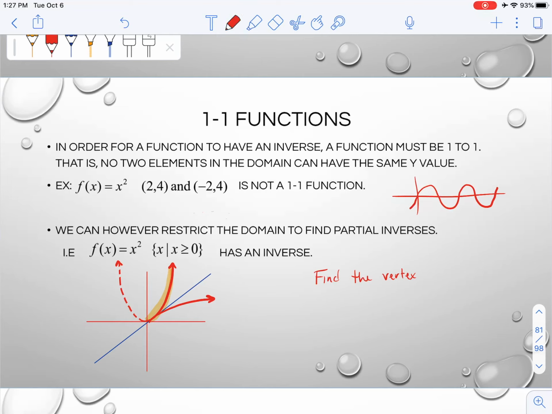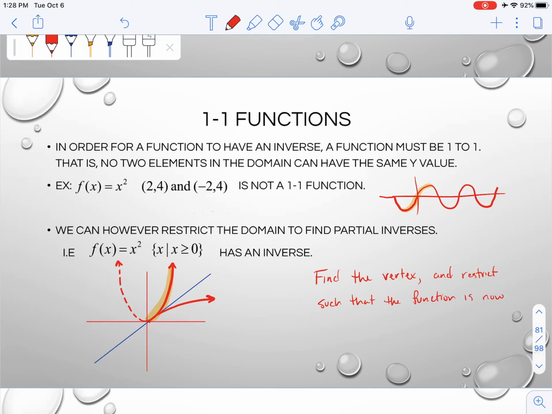With the sine function, we define the inverse from negative pi halves through pi halves. We define the inverse over this interval because that's what's one-to-one. So typically we're going to find the vertex, or possibly a point between or over a certain interval or range that's going to allow us to be one-to-one. So find the vertex, and we're going to restrict such that the function is now one-to-one.